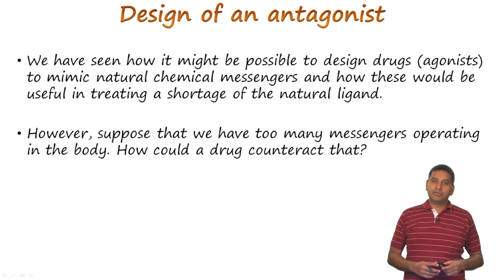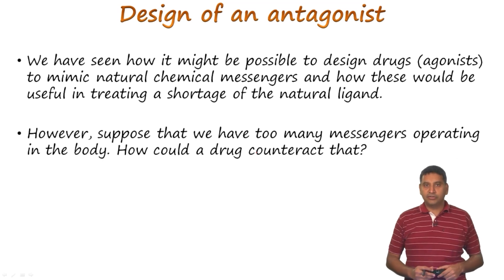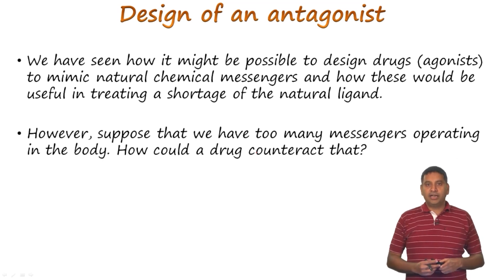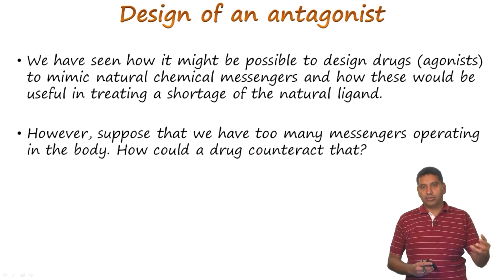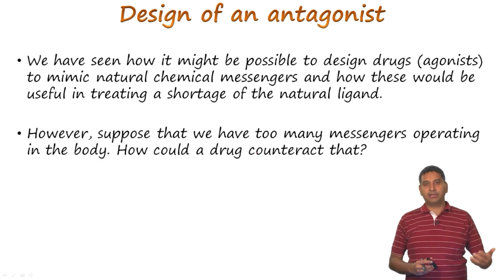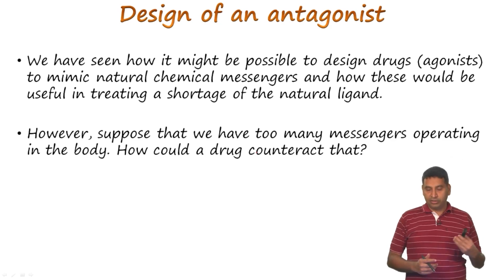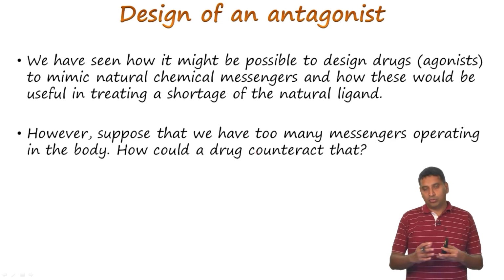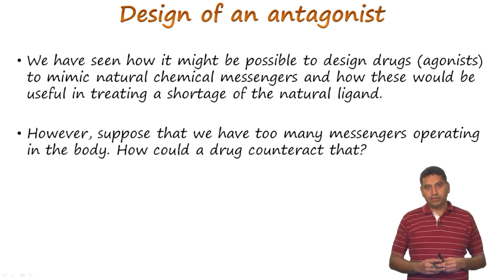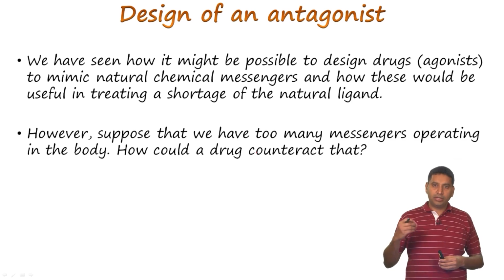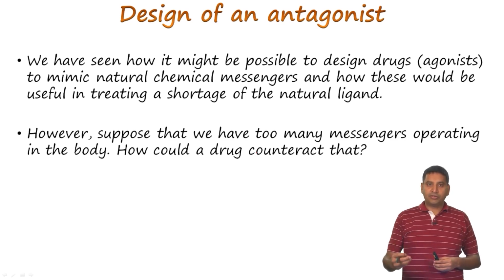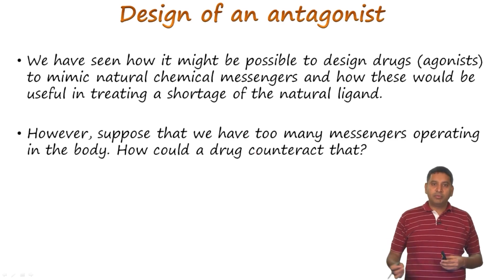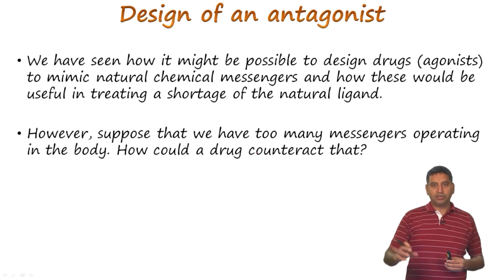So, now let us look at the principles of an antagonist, how to design an antagonist. We looked in the previous lecture at how to design drugs that can activate a receptor to obtain a biological effect. Now, what we would need to do in this case is figure out how to address a problem where there are too many messenger molecules acting on the particular receptor.